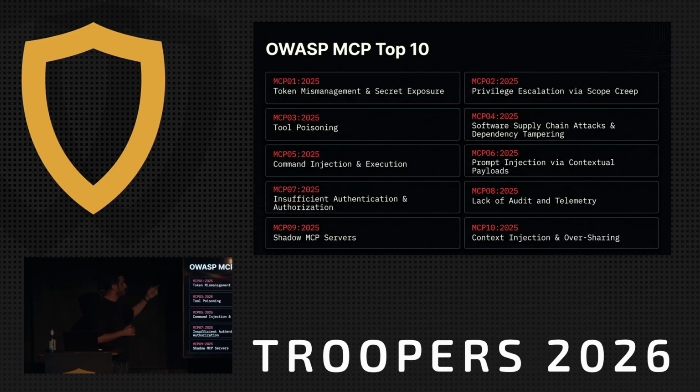So as you can see, we have token mismanagement, secret exposure, tool poisoning, which I'll talk about in a bit. Command injection and execution, insufficient authentication and authorization, shadow MCP servers, so servers that are running that are not governed in the organization. Privilege escalation, supply chain attacks. A lot of these things aren't really unique in the cybersecurity space, just manifesting in this ecosystem.